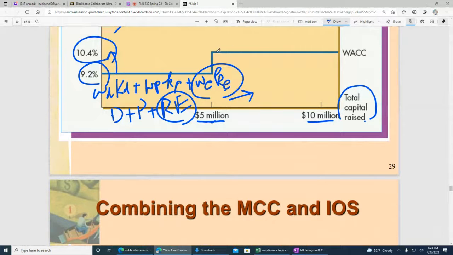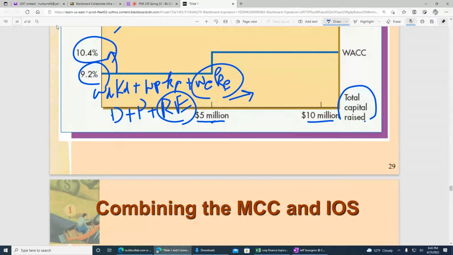But beyond 5 million, the weighted average cost of capital will go up, and from there on, the marginal cost of capital is 10.4. And beyond that, let's say 15 million, maybe from 50 million, it may go up more, because the more equity you sell, the more return the market can require, right?